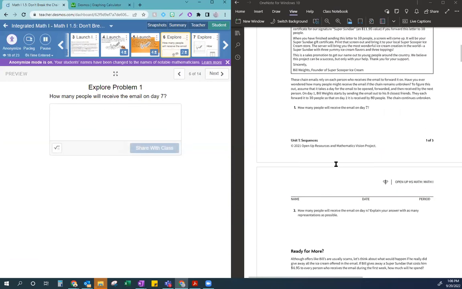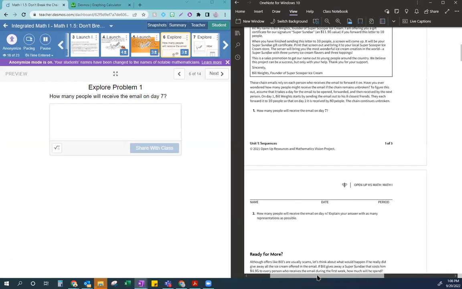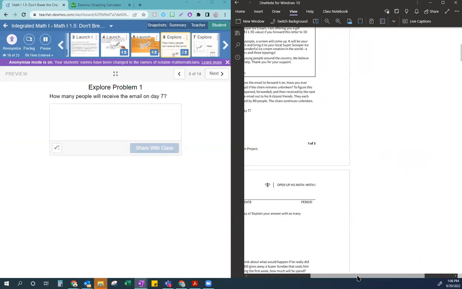Okay, so the very first thing that I want to do is I want to make a table, because it's kind of making sense, but it's not clear in my brain. Okay, so I'm going to make a table, and the table is going to look like this. And they're going by days, right? So on the X side, it's going to be days.